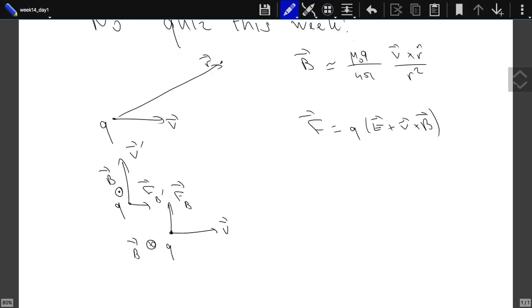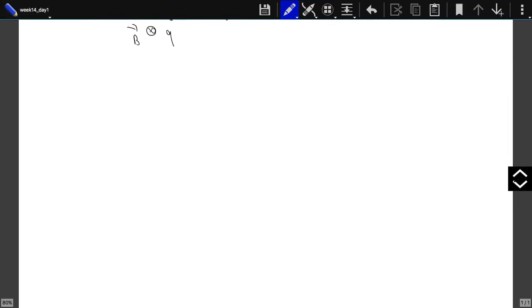But before doing that, let's just review what Maxwell's equations are. We had the Gauss law. We have the Gauss law for the magnetic field.